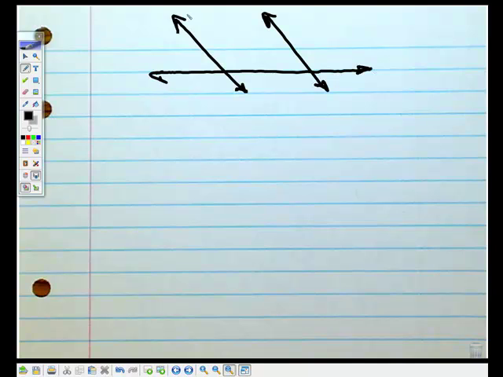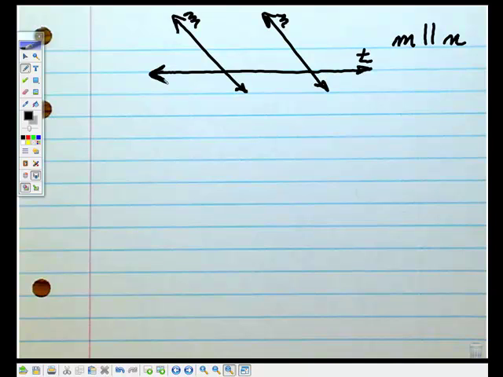We could say this is line M, this is line N. M and N are parallel lines, and let's call this line T just so it sounds like transversal. A lot of times the book would put something like this next to it to let you know lines M and N not only look parallel, but they're supposed to be exactly parallel.